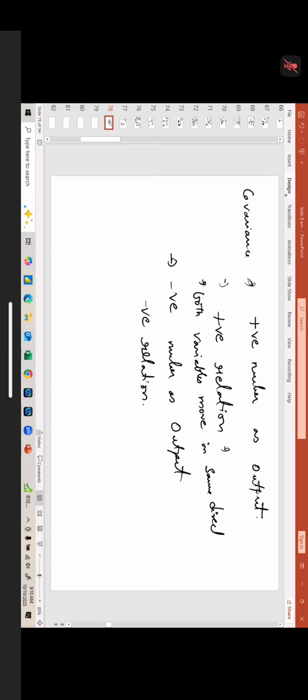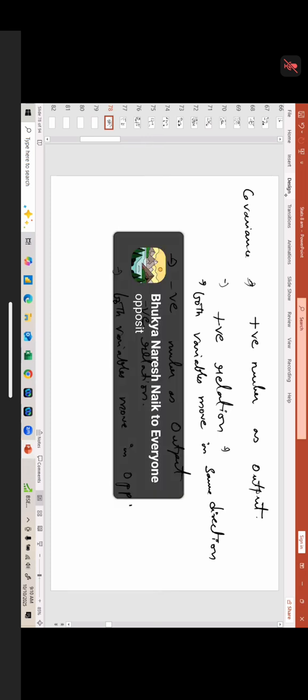Now see this one second. Negative relationship means both variables move in opposite direction.